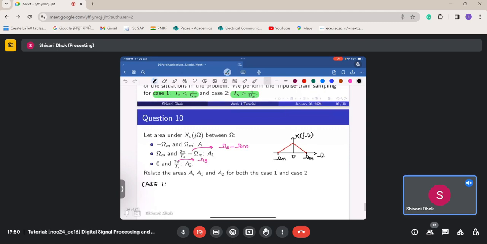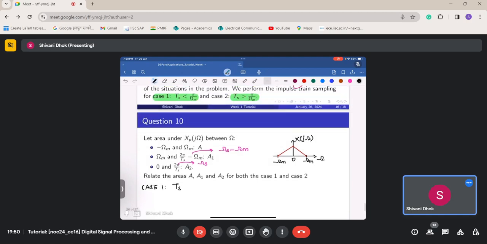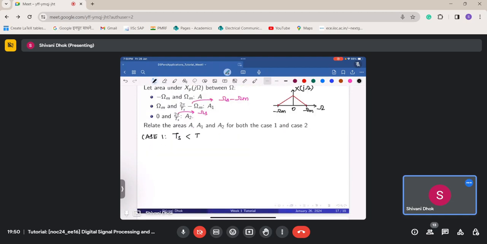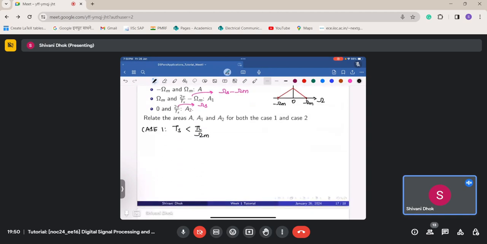Case 1 says Ts is less than π/ωm. So I can write this as ωm is less than π/Ts, which means that 2 times ωm is less than ωs, that is, ωs is greater than 2 times ωm.